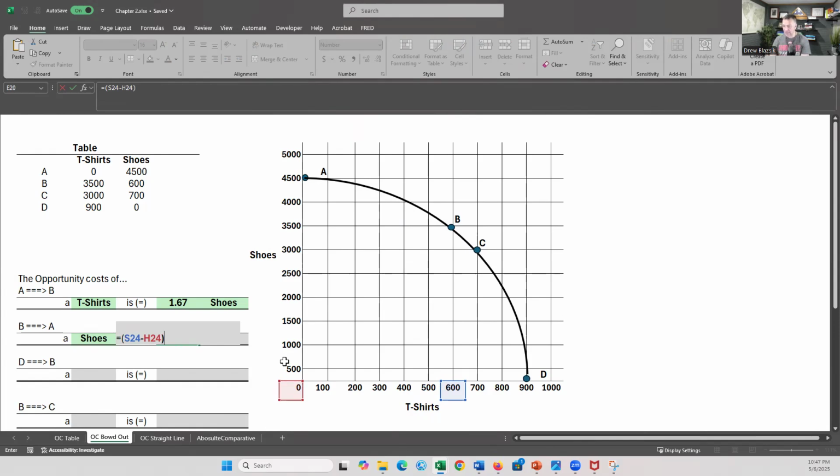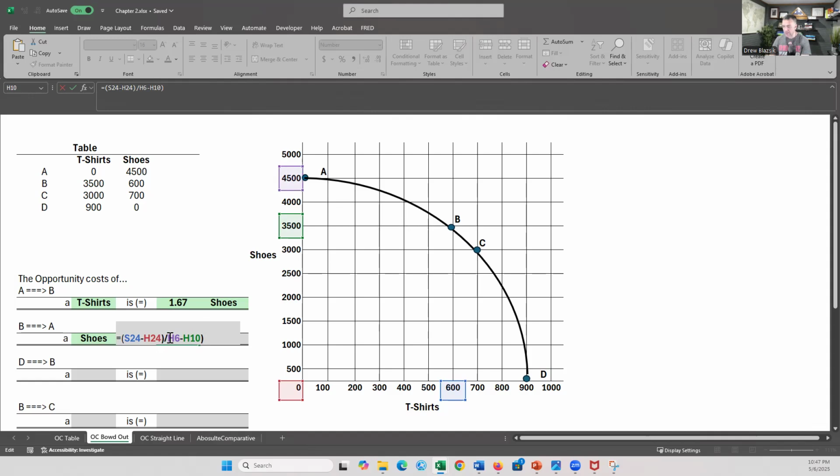So I'm going to bracket that, and then I'm going to divide it by what did I get? Well, at B, we know from the other ones, 1,000. So what I'm going to do is the difference between what I am getting now, 4,500 at A, and what I previously got at point B. Look, I forgot to put a bracket.